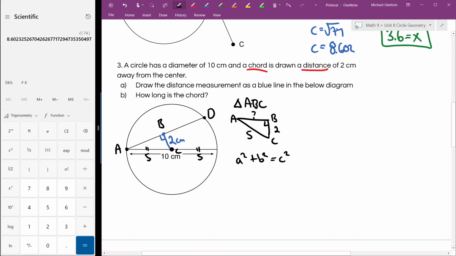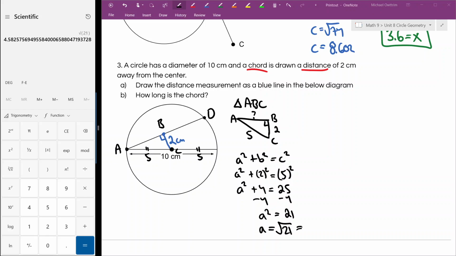In this case, our 5 is serving the role of C, it's across from the right angle. Our 2 is serving the role of B, and we don't know what A is. So A squared plus 4 should be equal to 25. We're going to subtract 4 from both sides and get A squared is equal to 21. That tells me that A is the square root of 21, and let's approximate that as 4.582.